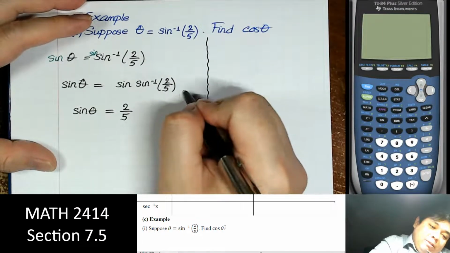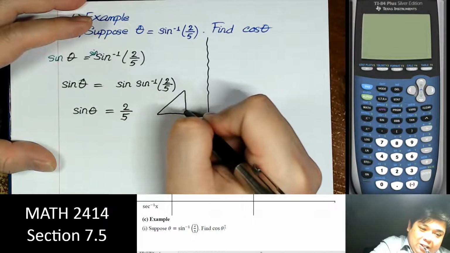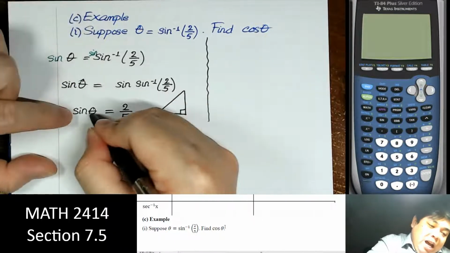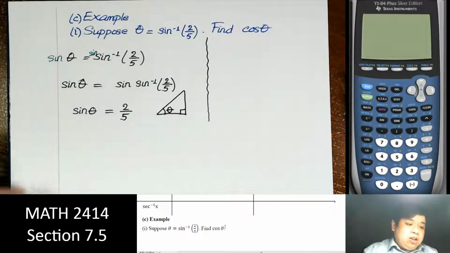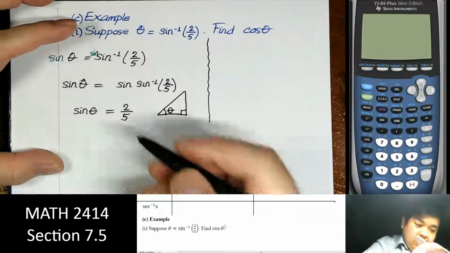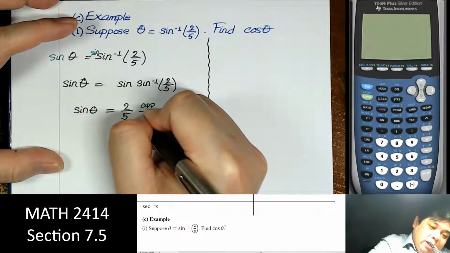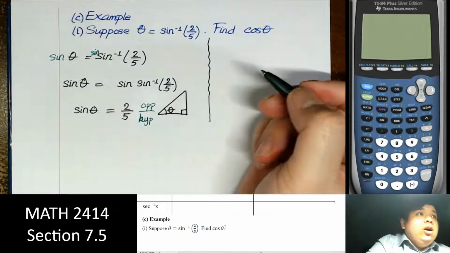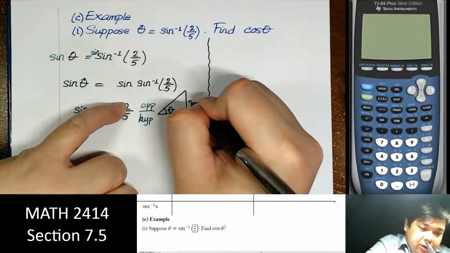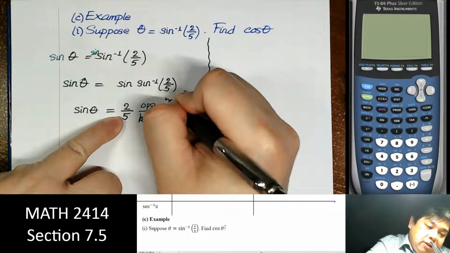Now, we're going to draw a triangle. The angle is theta. Sine is opposite over hypotenuse. So the opposite is 2 and the hypotenuse is 5.